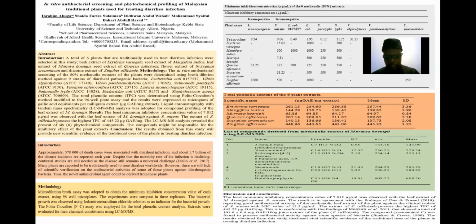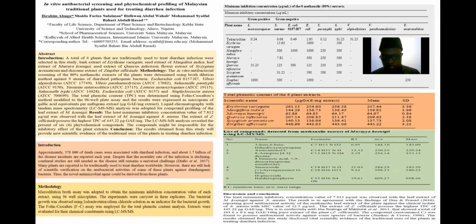Results and discussion: the lowest minimum inhibitory concentration value of 7.812 microgram per ml was observed with the leaf extract of one of the plants against Staphylococcus aureus. The result is in agreement with the findings of Lua and Prasad 2010, reporting good antibacterial activity of the methanolic leaf extract of the plant against the clinical isolate of Staphylococcus aureus with an MIC value of 12.5 microgram per ml.